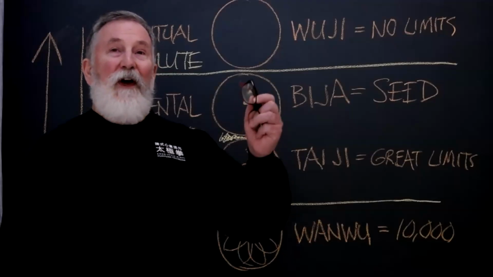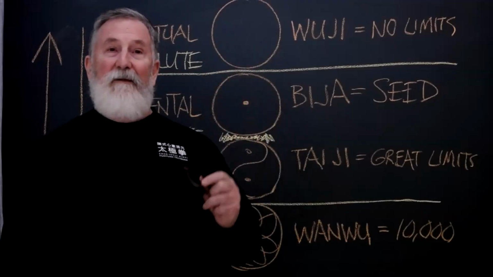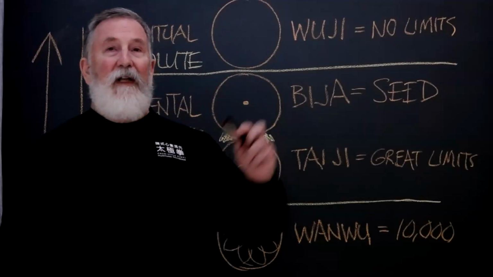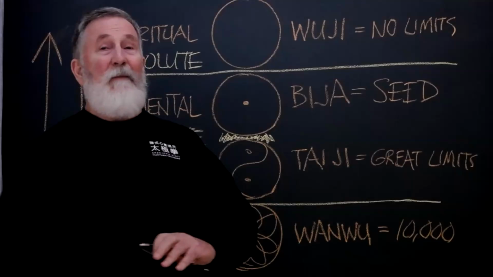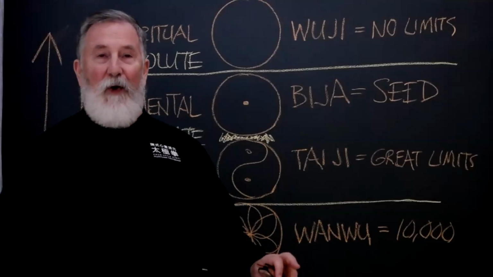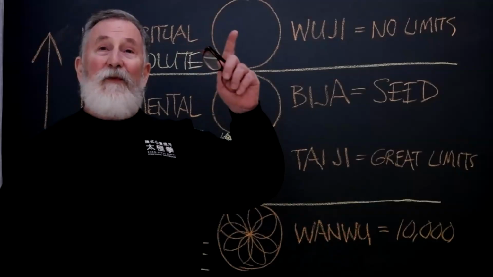And it's good to know there's a place you can always stand. No matter what happens in Wan Wu, it doesn't matter. Wan Wu could explode and all be gone. This would still be here.